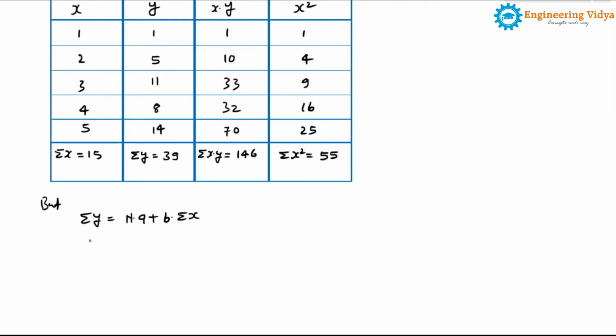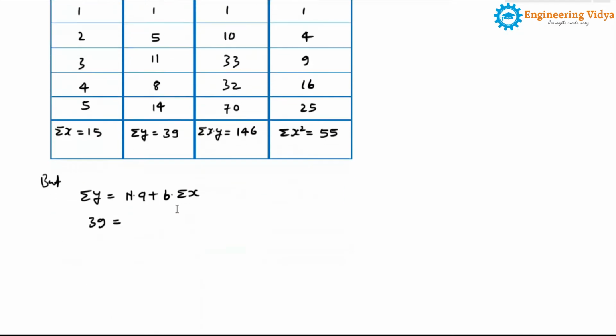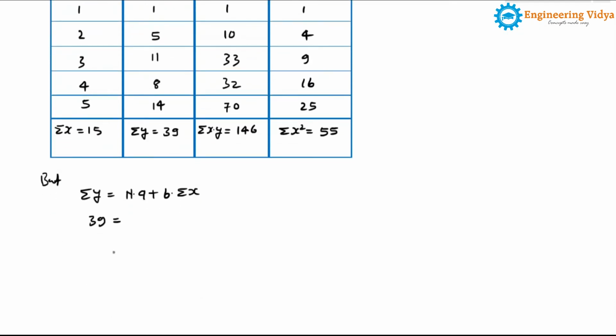Summation of y is equal to 39, and n is the total number of samples, which is 5 in this problem. So this is 5 into a, and this is b, and summation of x is 15.